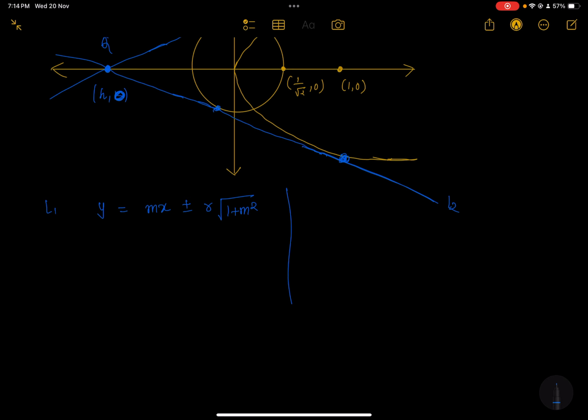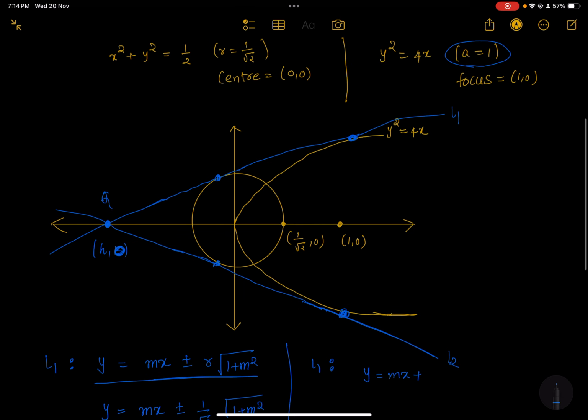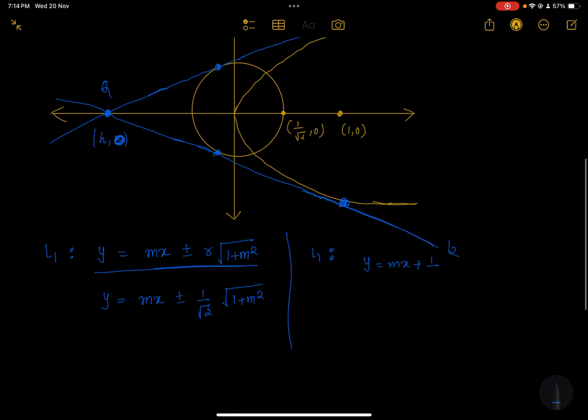The equation of L1, this is a tangent to circle, so we can write y is equals to mx plus or minus 1 by root 2, since r is 1 by root 2, into root of 1 plus m square. L1 is also tangent to parabola. The equation of tangent to parabola is y is equal to mx plus a by m. a is 1 here, so this is 1 by m.